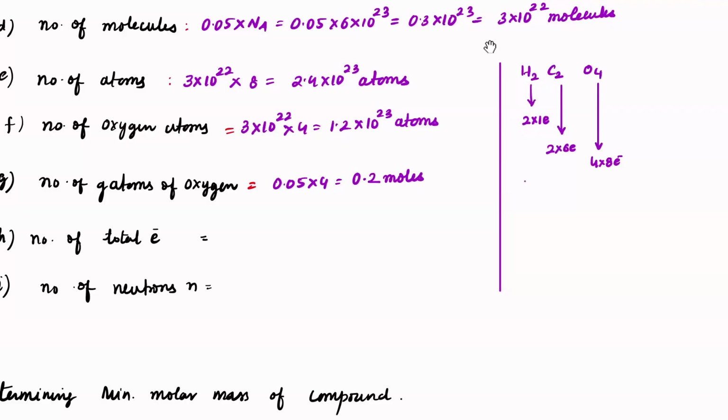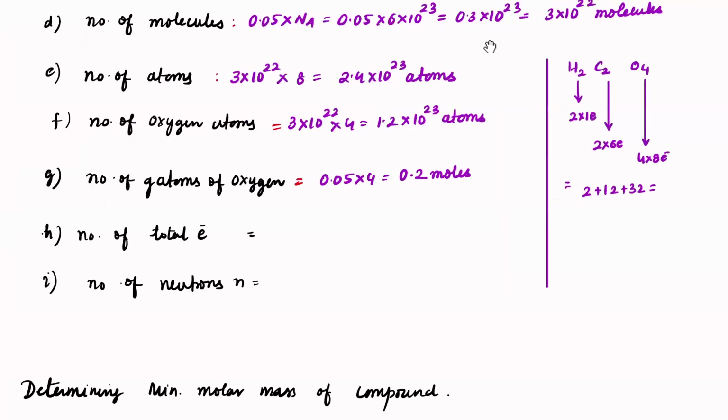So that makes it 2 plus 12 plus 32. Correct? So how many do we have in total? 46. So 46 electrons present in 1 mole. We got 0.05 moles here. Correct? So that makes it 44.